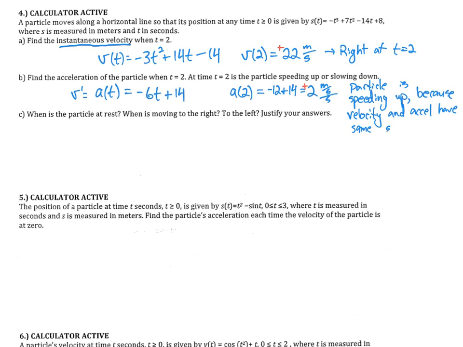If they had different signs, say one was positive and one was negative, that would signify that the particle is slowing down. And if they were both negative, that would mean that the particle is speeding up, just speeding up in the left-hand direction.